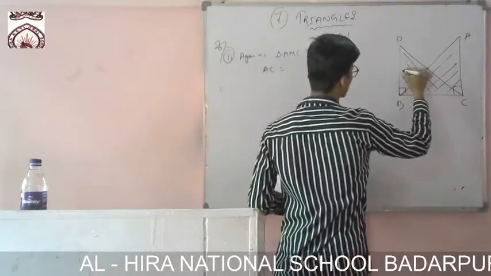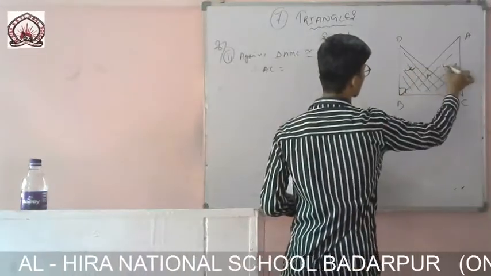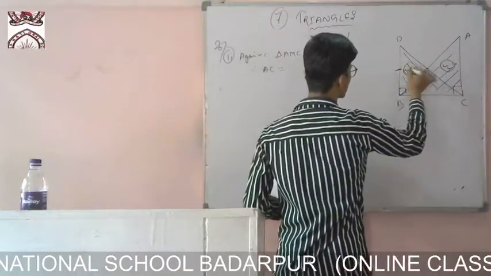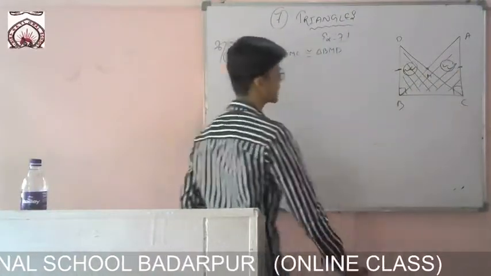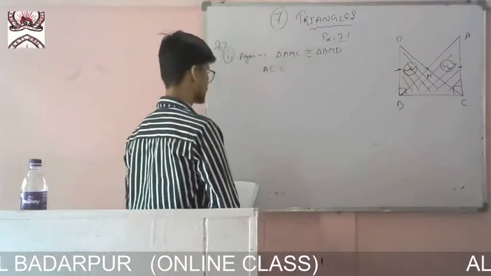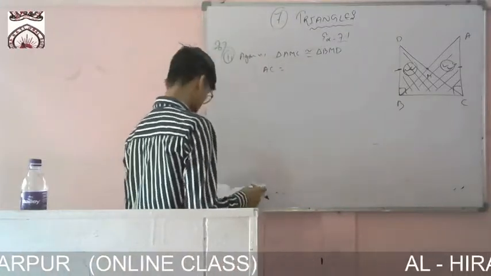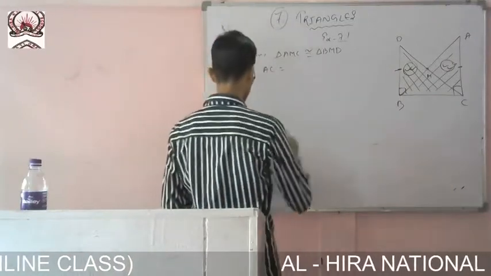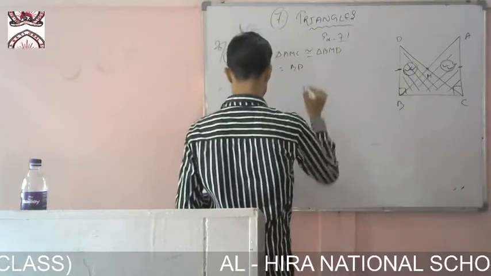If these two triangles are equal, I can say that these two sides are equal, because corresponding sides of congruent triangles. So AC I can write is equal to BD.